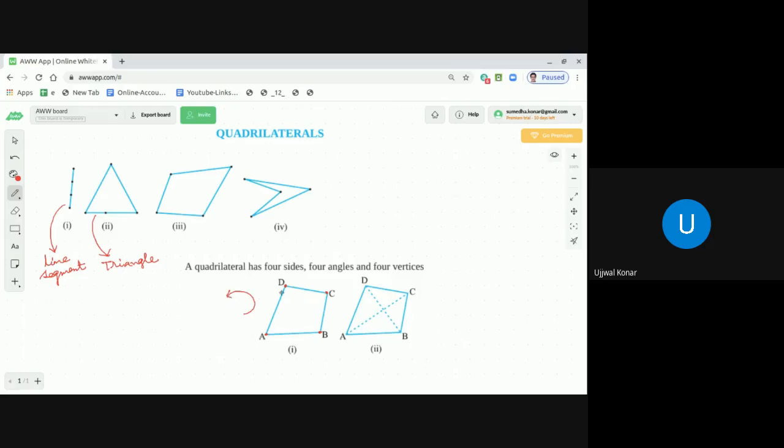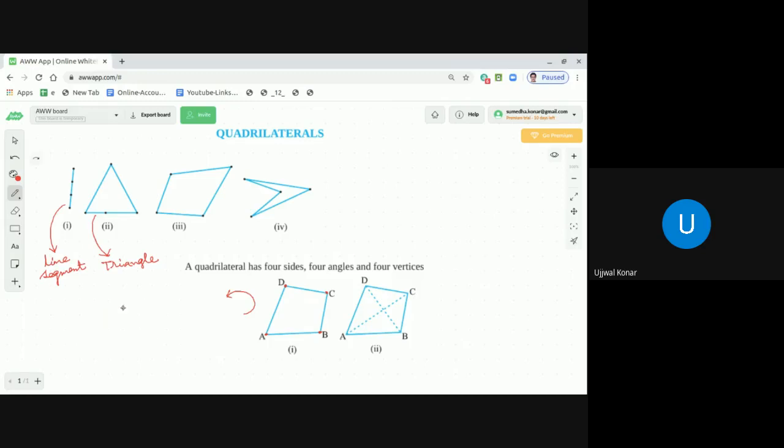If you name it in the clockwise direction or some other way, I'm not saying it is wrong, but the common practice, the proper way of representing it, is naming in an anti-clockwise way. For example, suppose there is a quadrilateral like this.